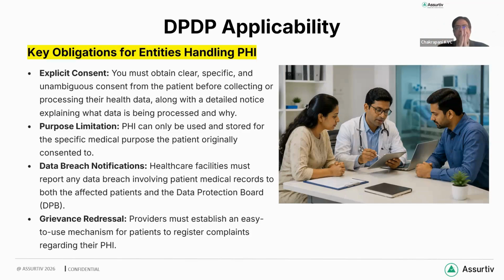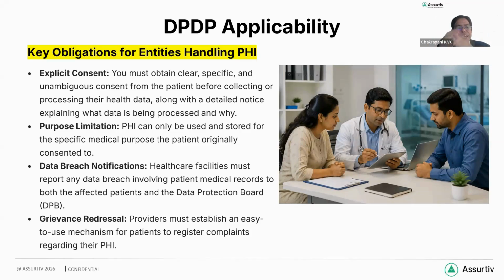Second, purpose limitation. Personal health information can only be used and stored for the specific medical purpose for which the patient originally gave consent, so the purpose needs to be limited to that extent only.